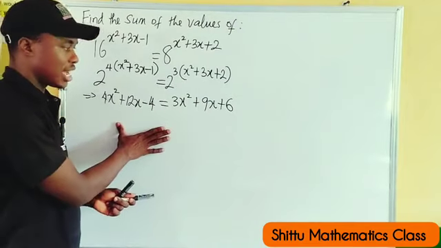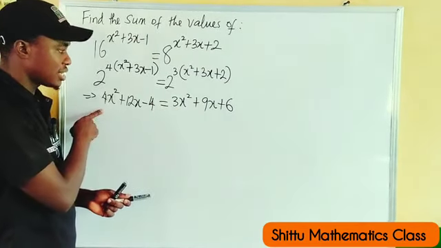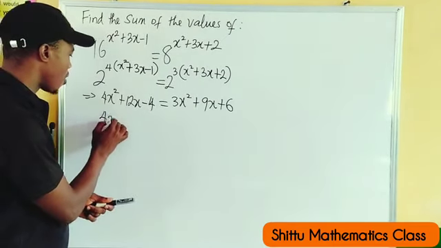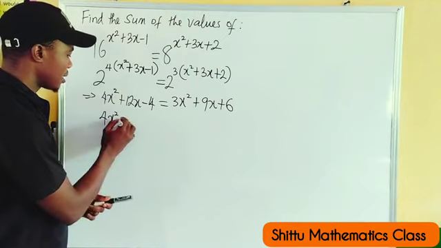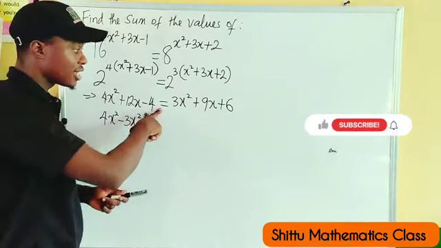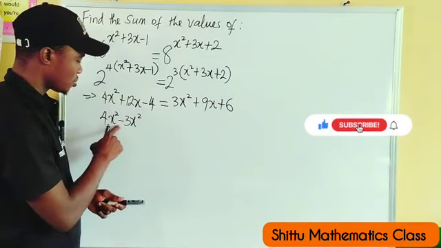We are going to collect the like terms. So we send this 3x squared to this side. Because we have 4x squared here, we have 4x squared minus 3x squared, because this is crossing the equality sign, so the sign we have to change from positive to negative.